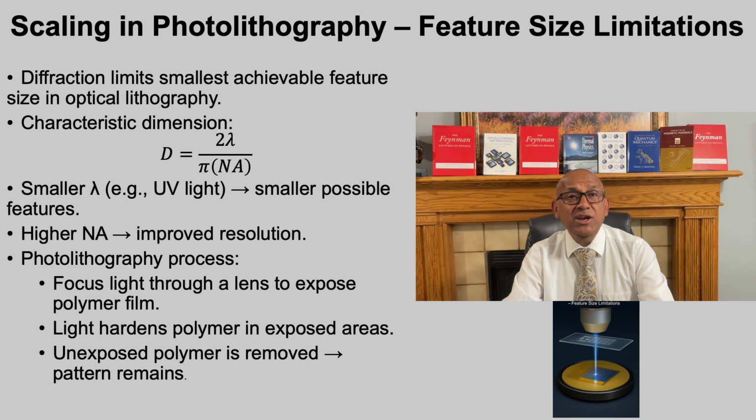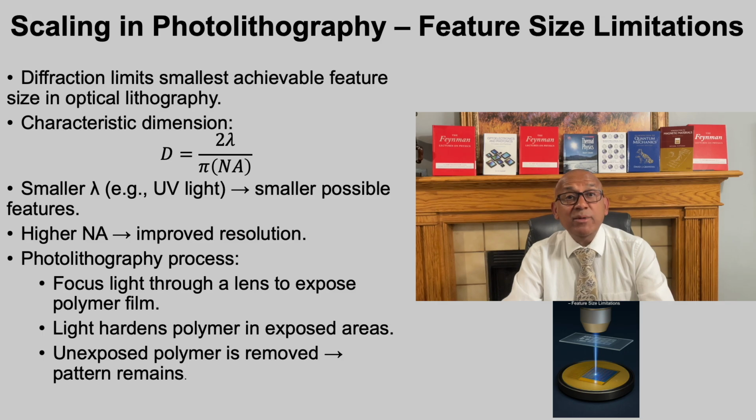Now that we have seen how diffraction limits resolution in optics, let us connect it to one of the most important applications, photolithography, the backbone of semiconductor manufacturing. In photolithography, diffraction sets the smallest achievable feature size we can etch using light.